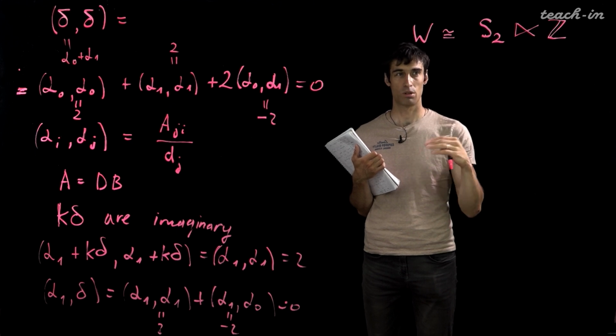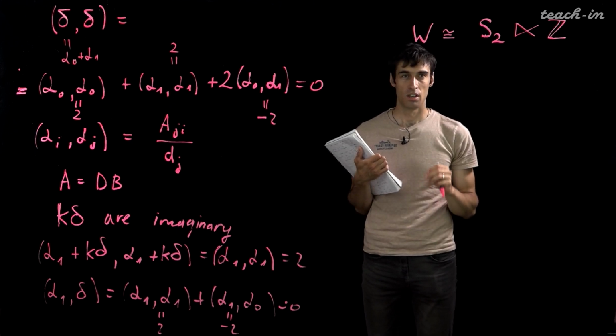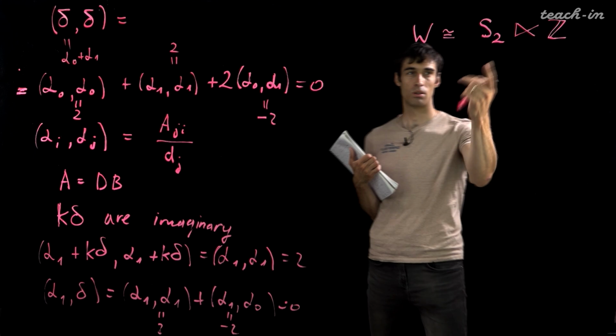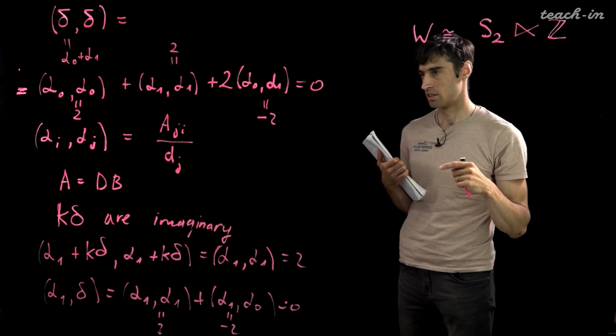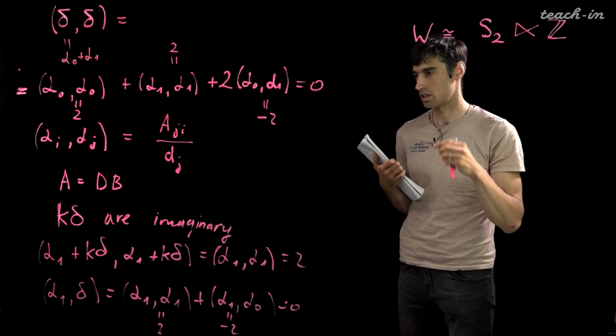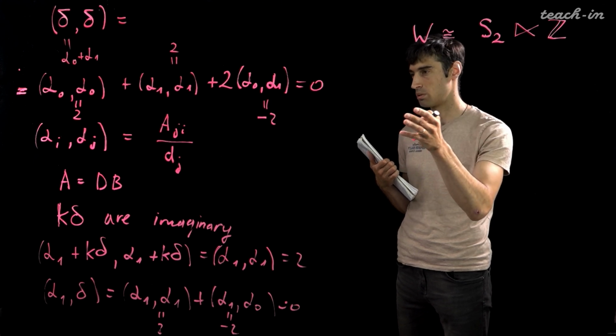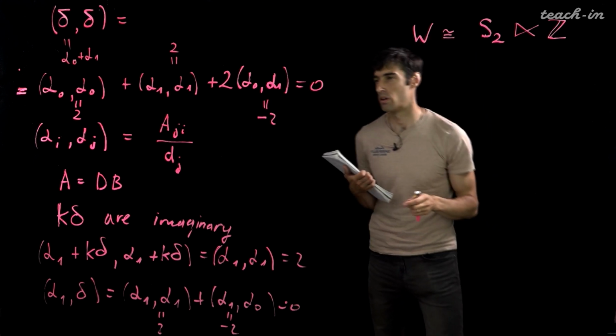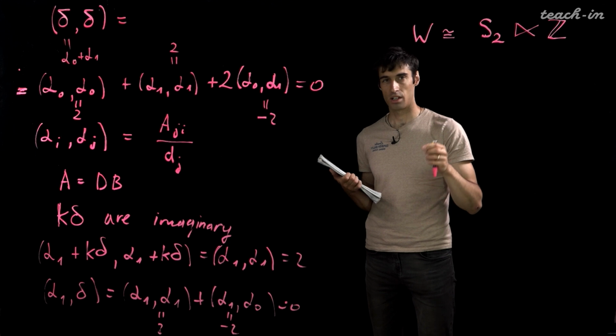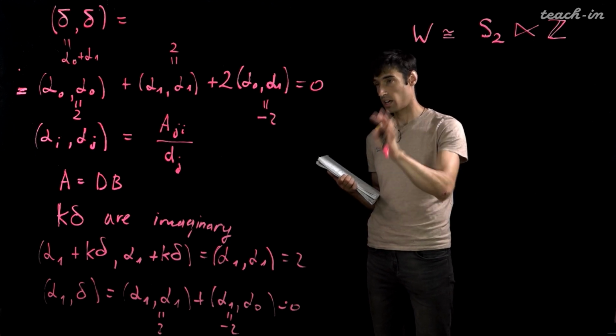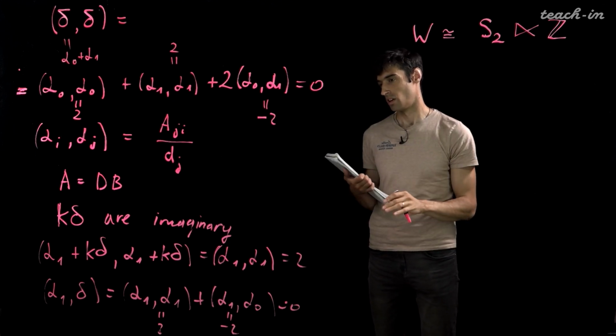So the Weyl group is now infinite. It is generated not only by the reflection but also by translations, and you can see it just from the definition that we introduced for the Kac-Moody Lie algebra, and by hand it's checkable on SL2.